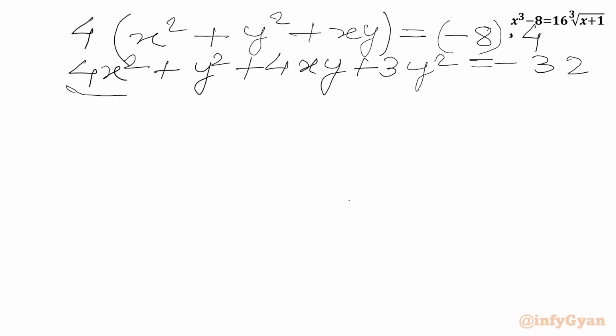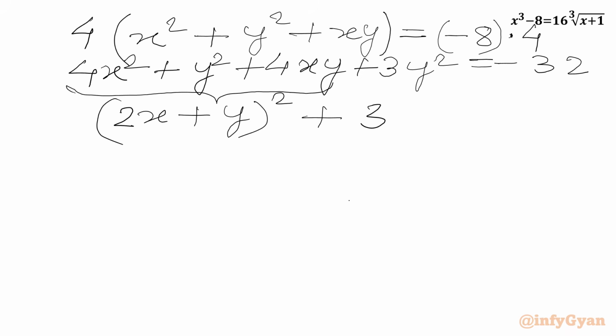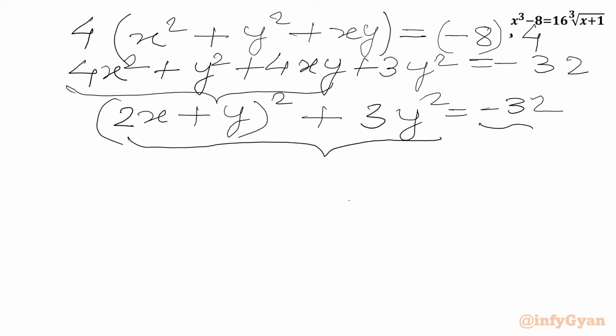Now from the first three terms of LHS, we'll write this is the perfect square of 2x plus y, plus 3 times y square equal to negative 32. Now in real numbers, the sum of two squares cannot be negative, as we have LHS positive and RHS negative. A positive number cannot be equal to a negative number.